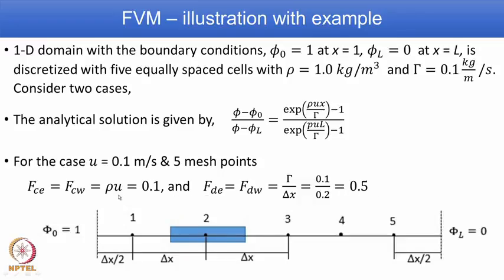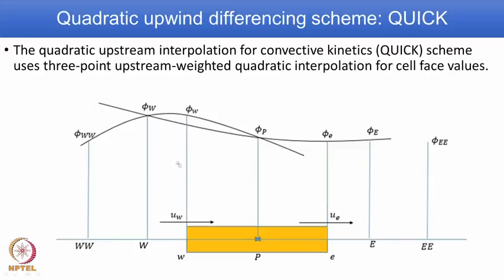We want to evaluate the convective flux as well as the diffusive flux to get an idea of the role of each. This relation, or weightage, between convective flux and diffusive flux will tell us about the performance of different discretization schemes. We know the QUICK scheme illustration as shown here.